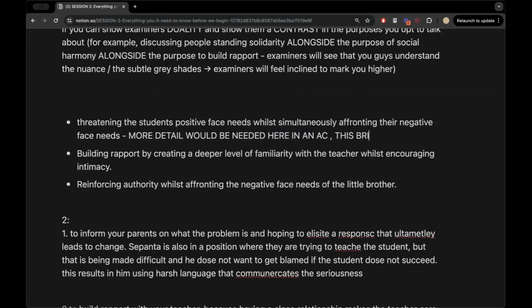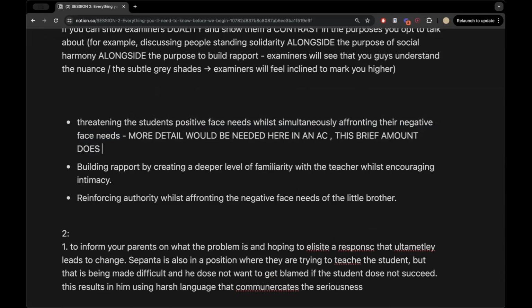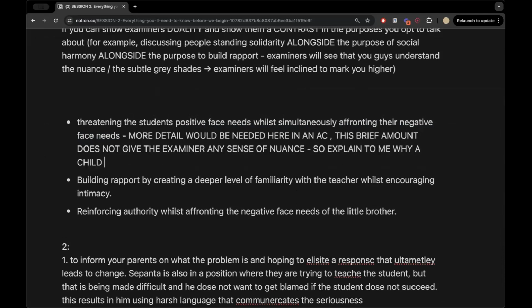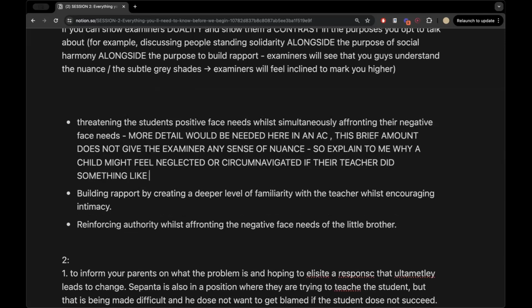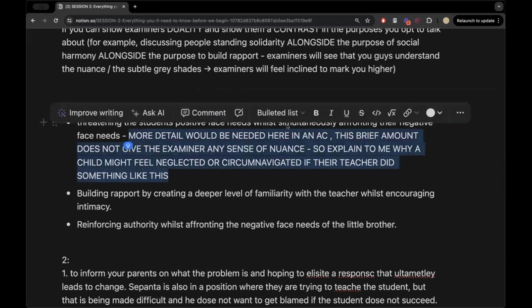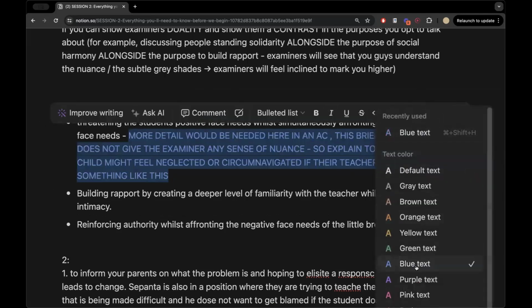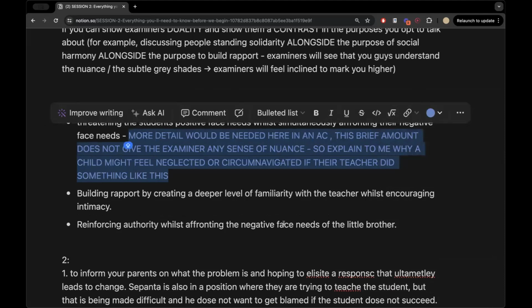This brief amount does not give the examiner any sense of nuance. So explain to me why a child might feel neglected or circumnavigated if their teacher did something like this. Do you guys understand the perspective better now when I say this nuance idea?